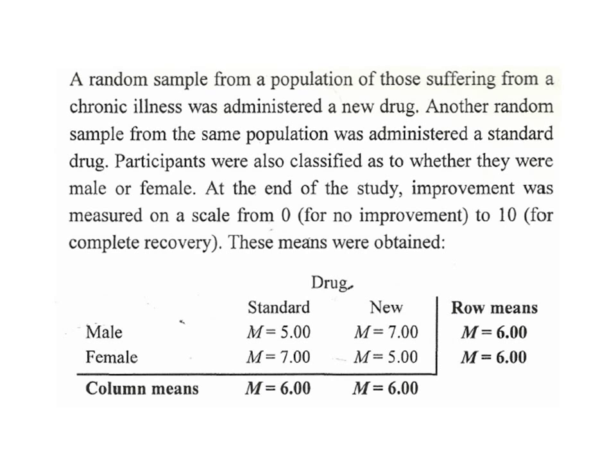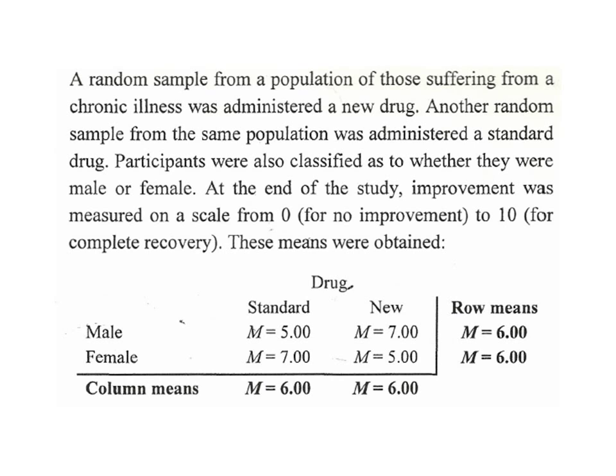Now the two row means are also the same. So if we temporarily ignore which drug, whether the new drug or the standard drug, was taken, and we look solely at the gender, male or female, we can basically conclude that males and females improve to the same extent.